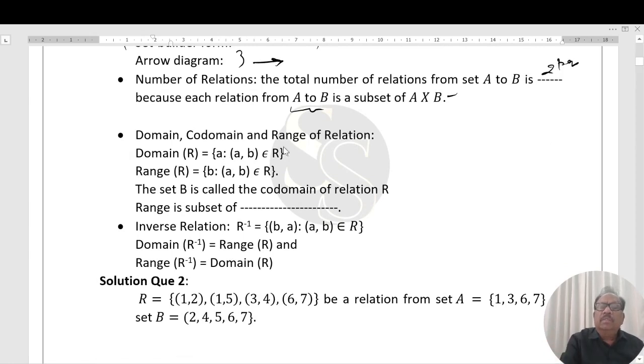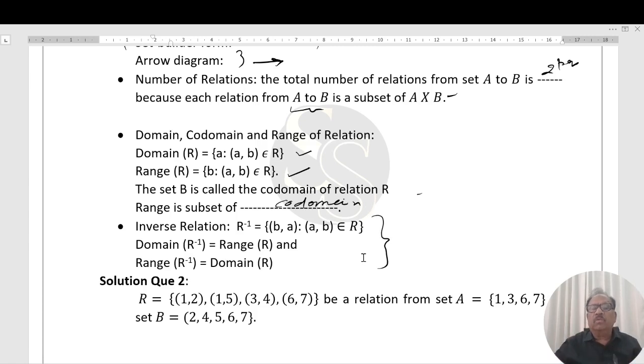Domain is the set of first elements, range is the set of second elements. Set B is called the codomain of relation R. Range is a subset of codomain. Right? In the inverse relation, what will happen? AB will become BA. Domain will become range. Range will become domain. Right?